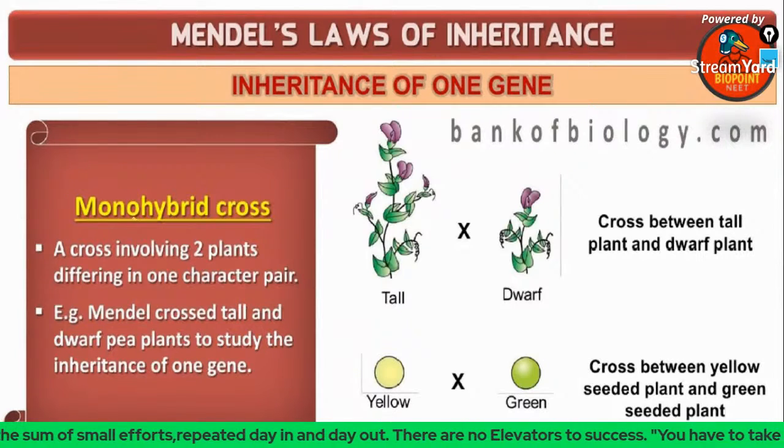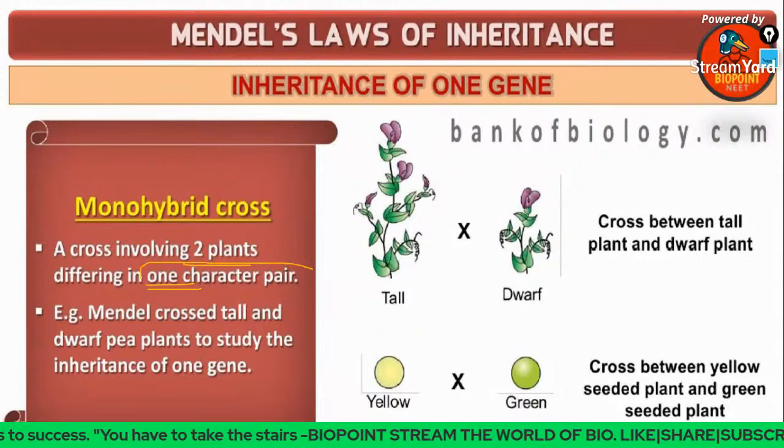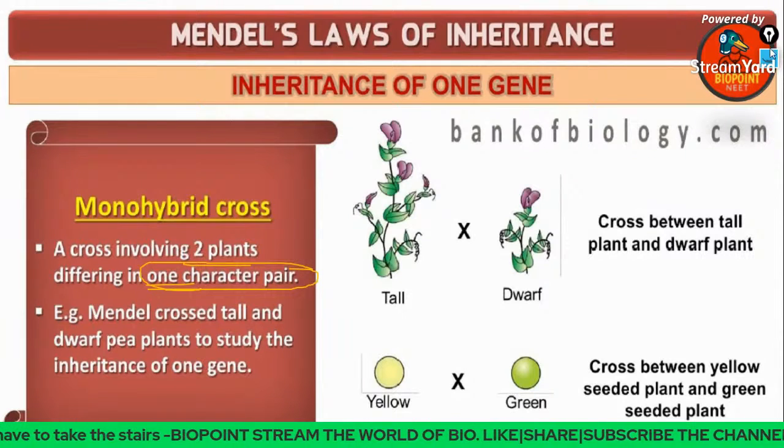A monohybrid cross is a cross involving two plants differing in one character pair.